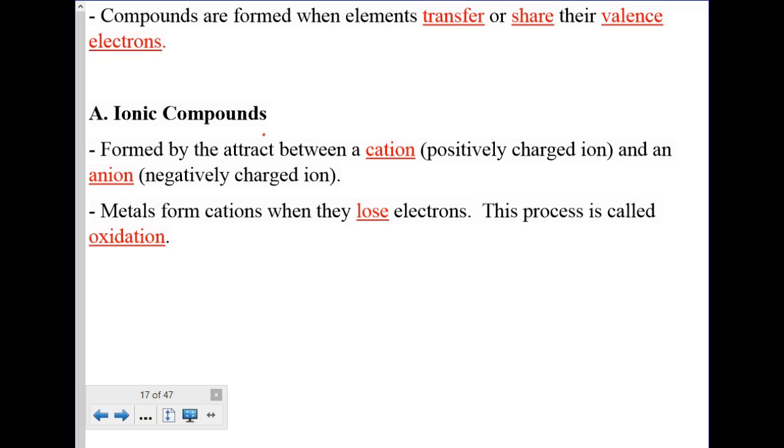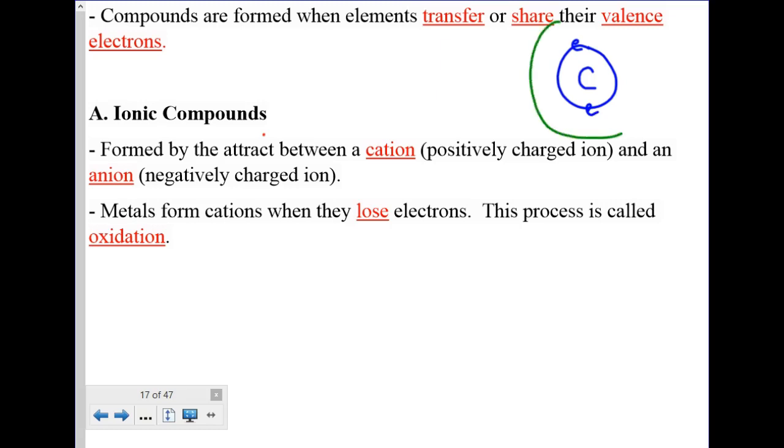As it was mentioned previously, compounds are formed when substances either give up their electrons to something else or if they share. Valence refers to those electrons that are further away and in the outer energy level of an atomic model. For example, if we have carbon, we have 2 electrons in the first energy level.